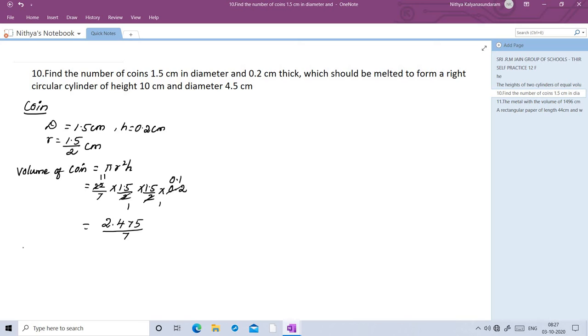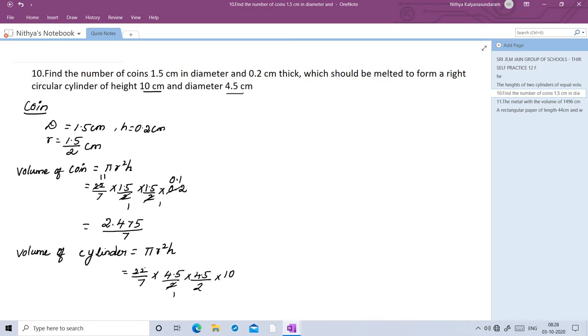Next, calculate volume of cylinder. It's equal to pi r square h. Pi value is 22 by 7 into radius; diameter is given, so radius is 4.5 divided by 2, into 4.5 divided by 2, into height is 10 centimeter.